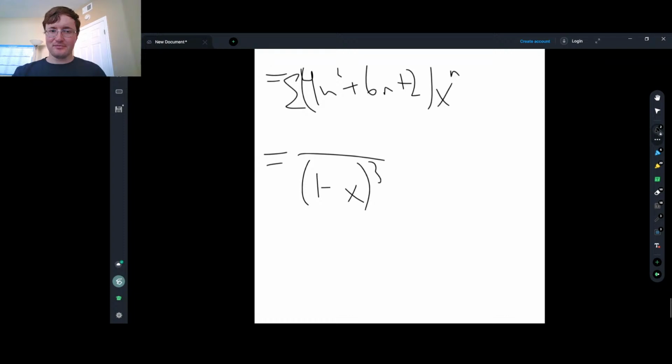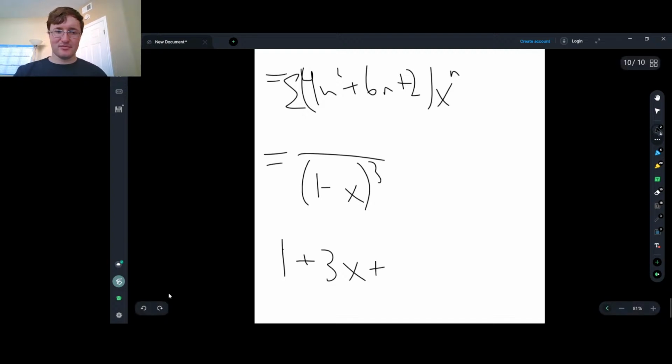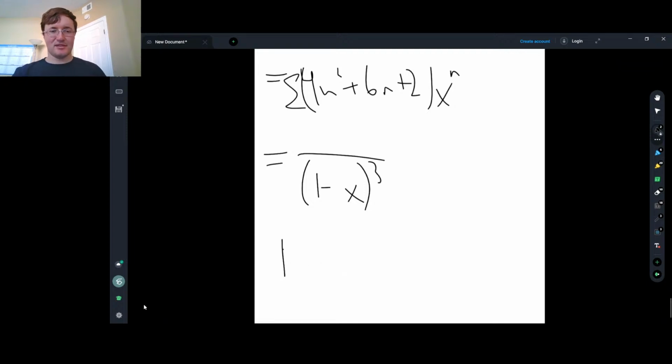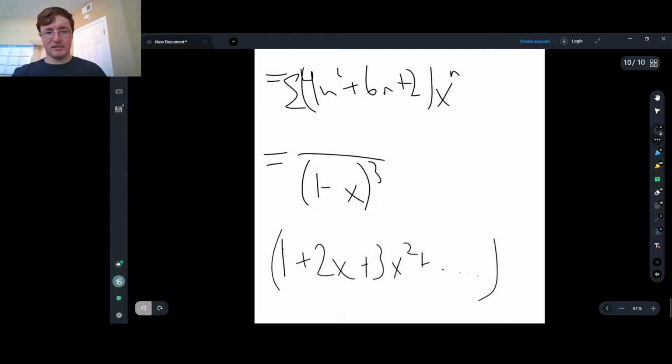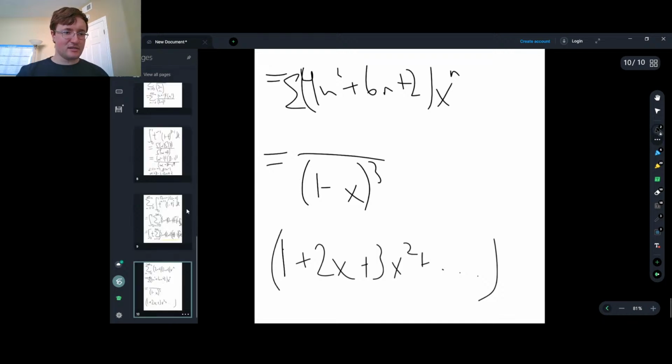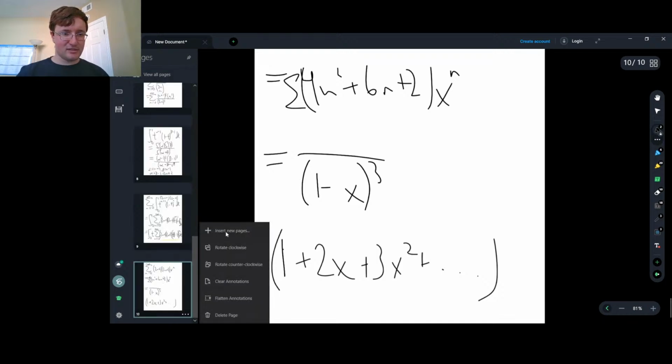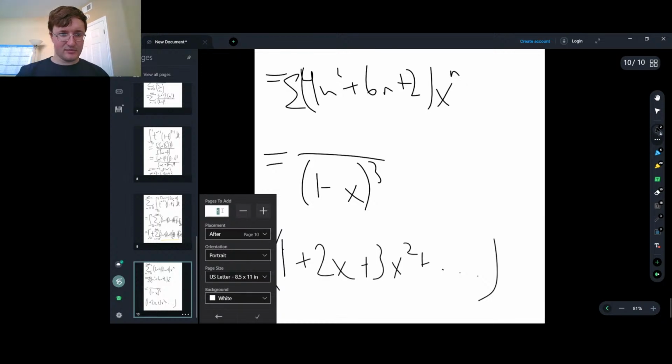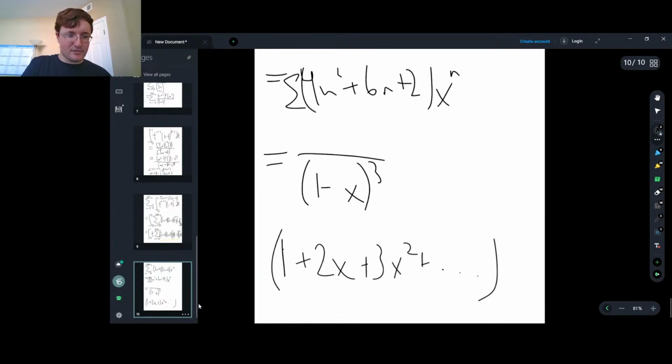It's 1 plus 3x plus, okay. I know what 1 over 1 minus x squared is, so that's 1 plus 2x plus 3x squared. And then times, oh, I'm out of pages. Let me add a bunch more. Oops.